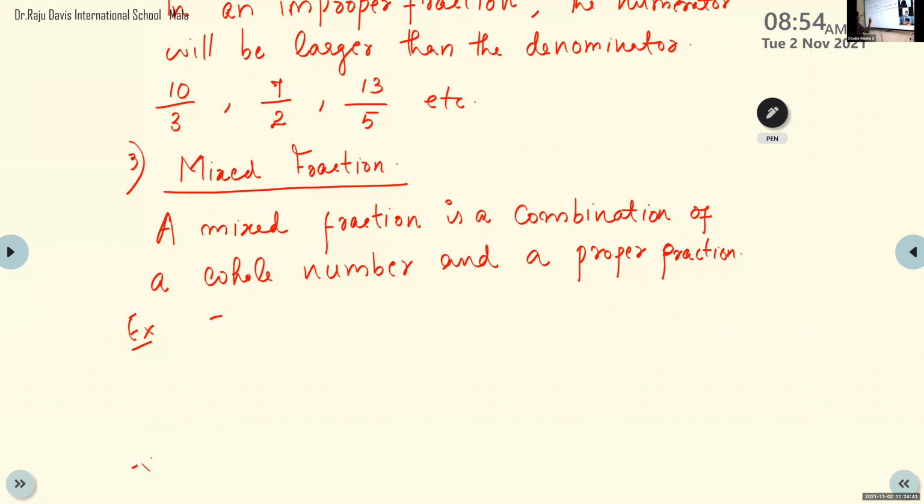When you write a mixed fraction, you have to write the whole number bigger, like this, 3 and 1/4. Otherwise, you will write it like 31/4, which is read differently. So don't forget, you have to write the whole number somewhat bigger than the proper fraction, and 2 and 1/2 like this, etc.